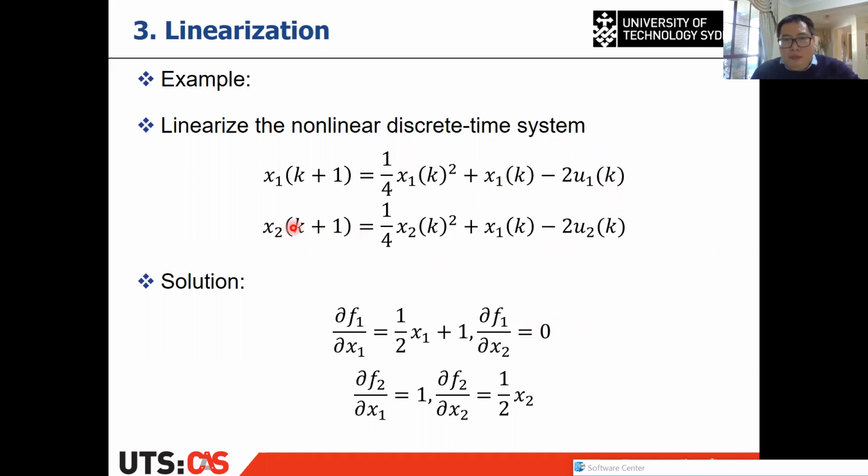Then if we calculate the partial derivative of f2 with respect to x1, then that is equal to 1, because there's only x1 here. Then if we calculate the partial derivative of f2 with respect to x2, we have 0.5 times x2, right? So we calculate those partial derivatives, but they are functions.